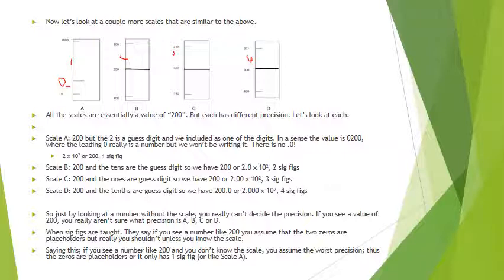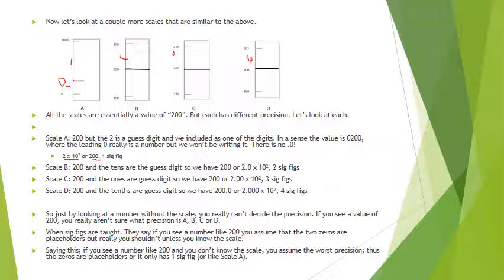Okay, and we're allowed to write that, and so I'm going to write, so it can be 2, okay? And the other 2 zeros are placeholders. Or you could write it as 2 times 10 to the second. It only has one sig fig, and that sig fig is really just a guess digit from the scale.